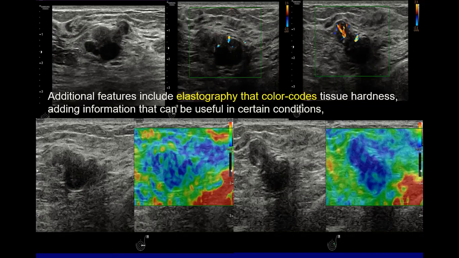And this is one of the breast mimickers. It was just a focal fibroadenosis. This is my patient. It was not a cancer.